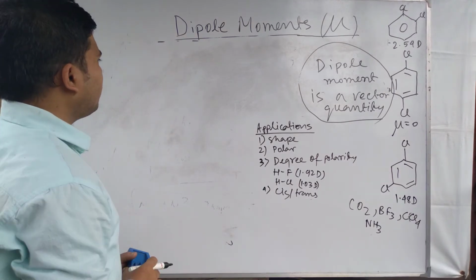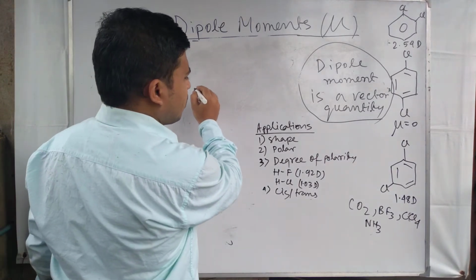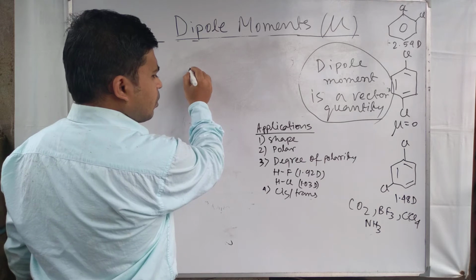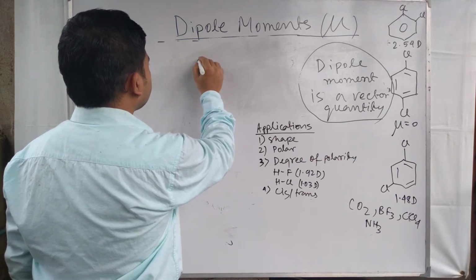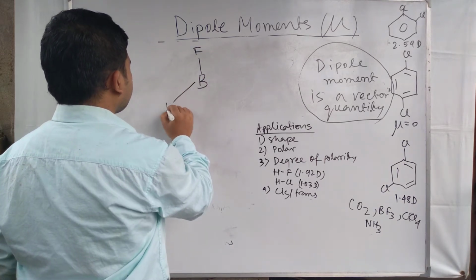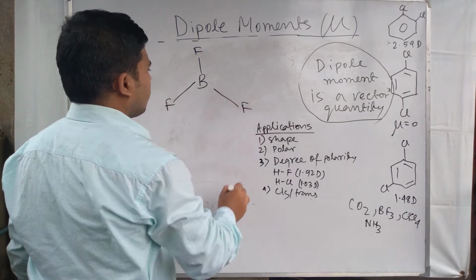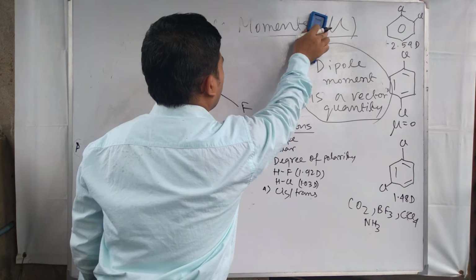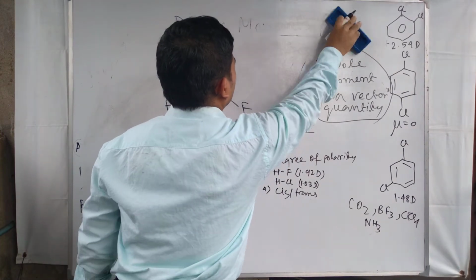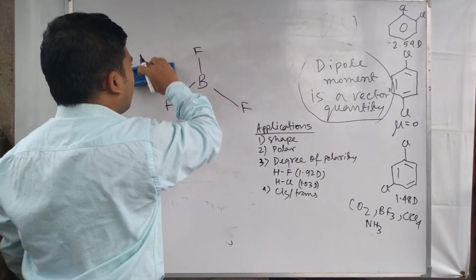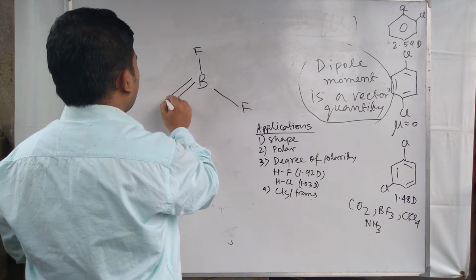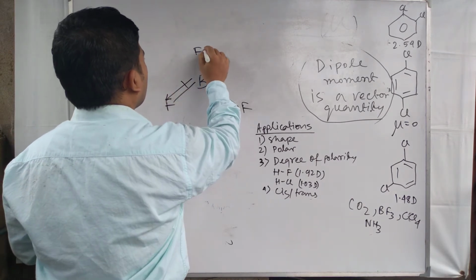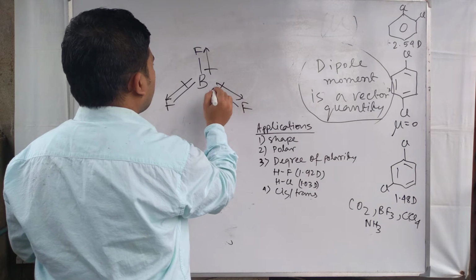We see the next example of a molecule, that is BF3. For the case of the BF3 molecule, the dipole moment is the sum of all the three bond moments.